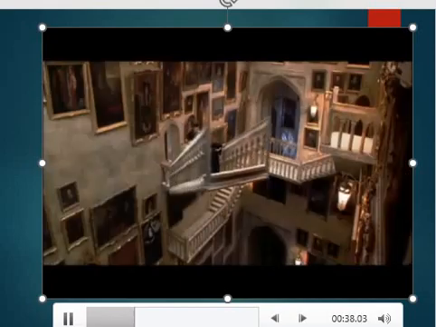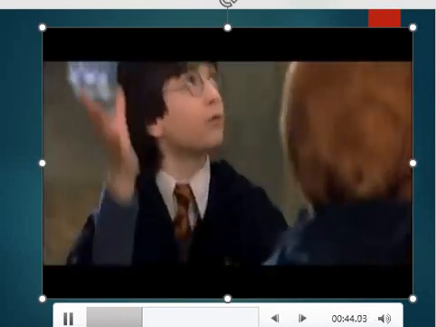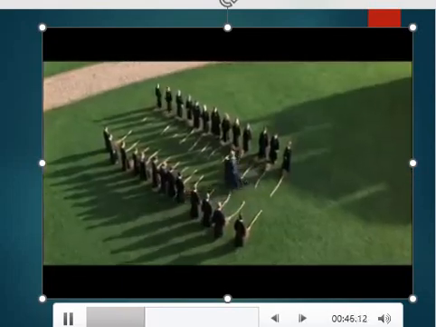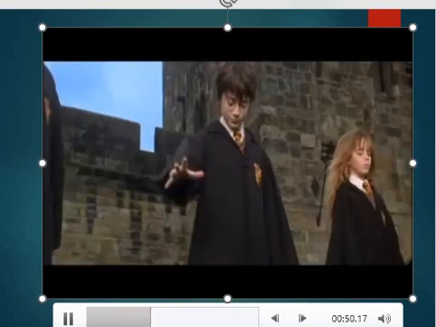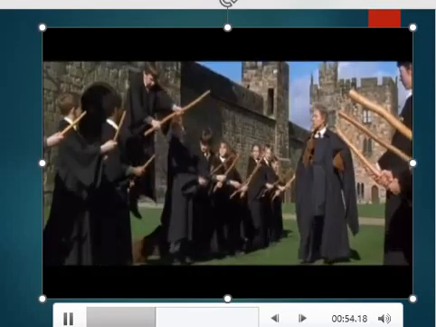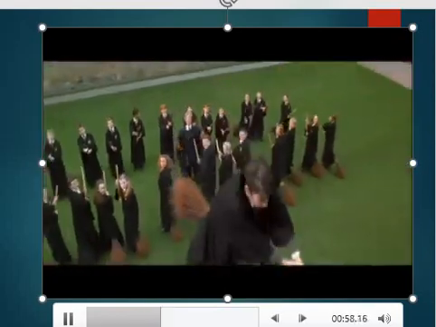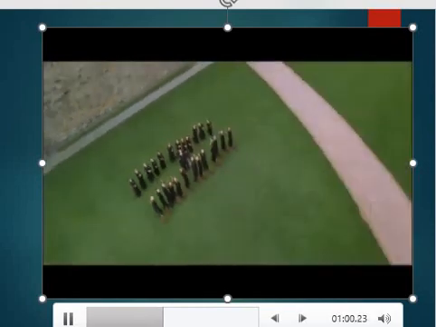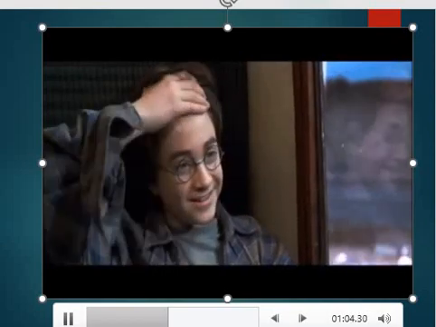They like to change. Good afternoon, class. Welcome to your first flying lesson. Stick your right hand over the broom and say up. Wow. Mr. Longbottom! Mr. Longbottom, exactly where do you think you're going? Do you really have the scar?